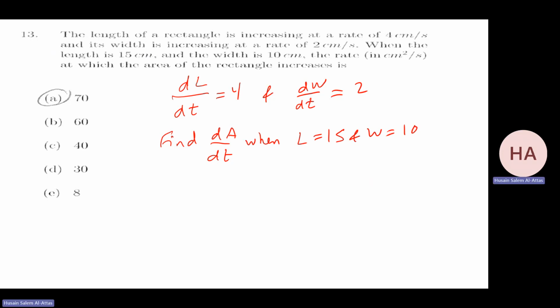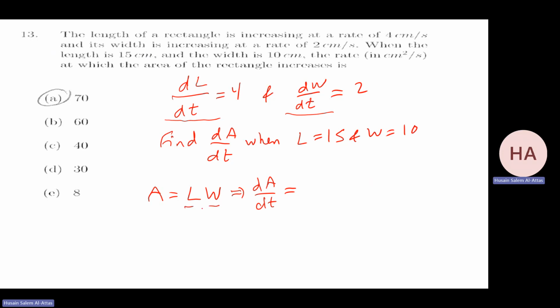So what I will do, the same: A equals LW, but now I want to relate the rate of change of the width and the length with the area. So no need to change, and no need to write A in terms of L or W. I will take it as a whole and do the derivative. I have dA by dt.